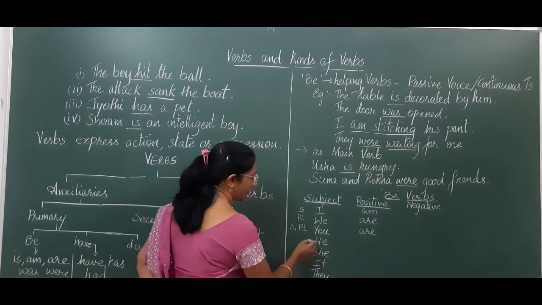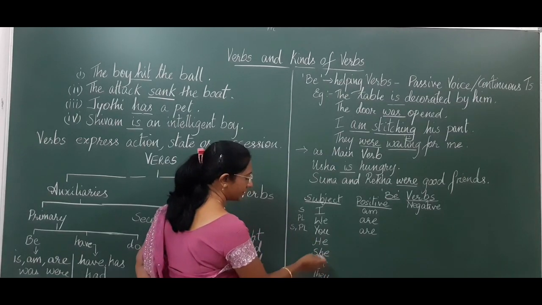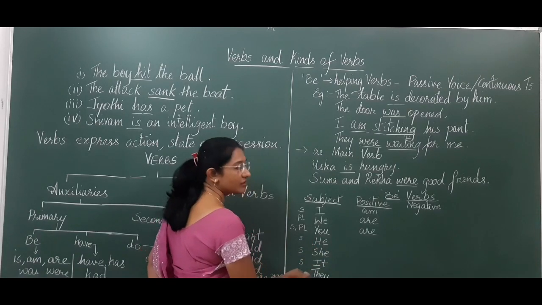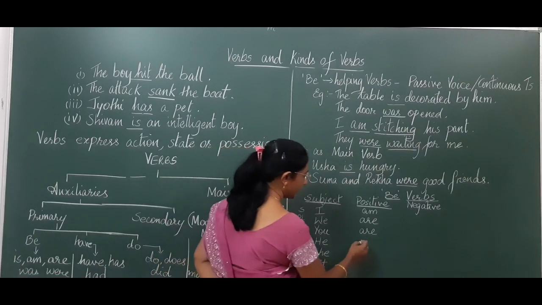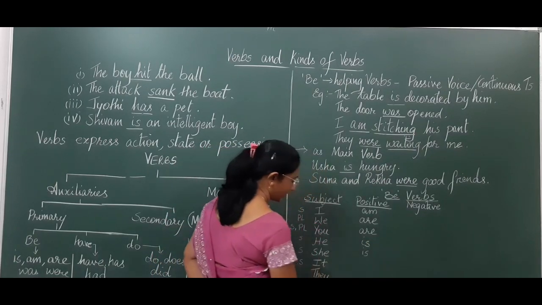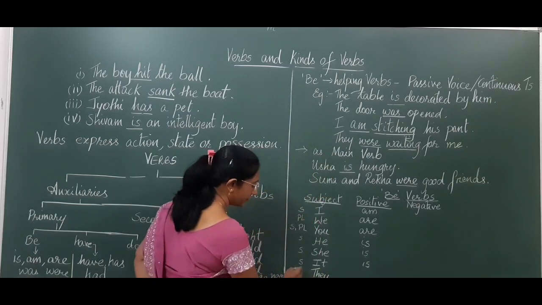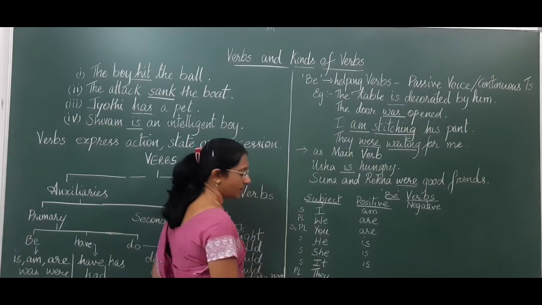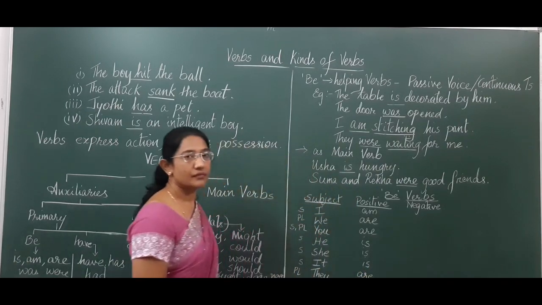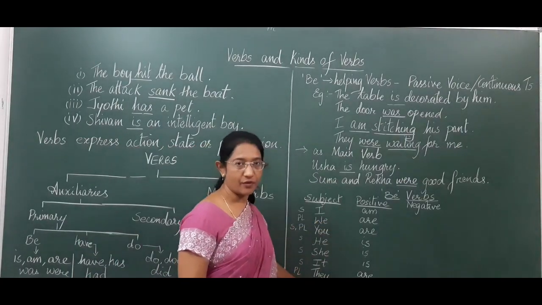Then for the third person, he, she, it, which is in singular form, we use be verbs as he is, she is, it is. Finally, they, which is in plural form, takes they are. So this is how we use the be verbs in the positive form.